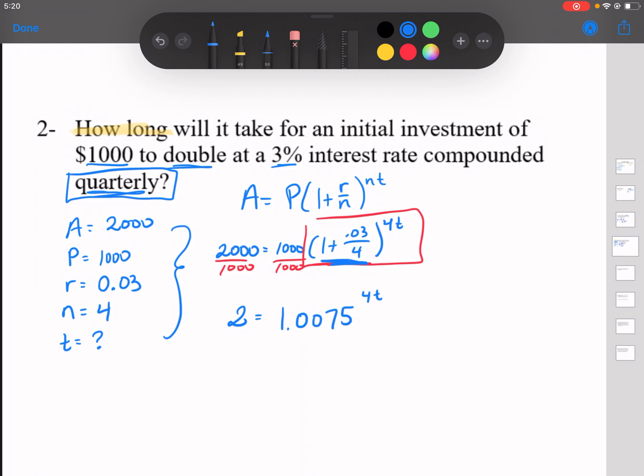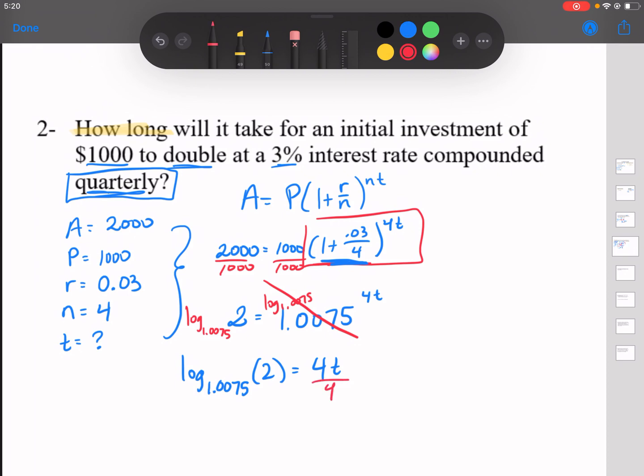Now we need to get to that exponent. So remember, the trick to getting to an exponent is to actually apply a log. So the base in this log has to match the base of the exponent. So it's going to be log base 1.0075 on both sides. So we have log base 1.0075 of 2 equals 4t.